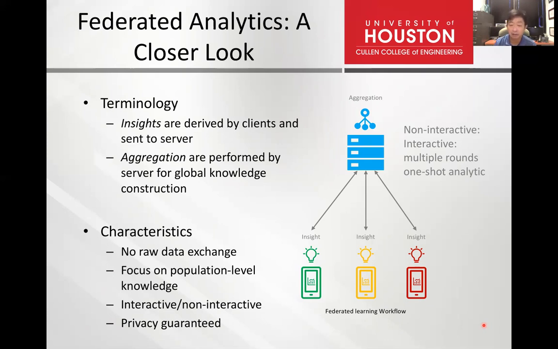For federated analysis, it is an insight that is reported from the client to the server for aggregation. So instead of the real data or just a gradient, they report an opinion. In this case, the server can aggregate them together.